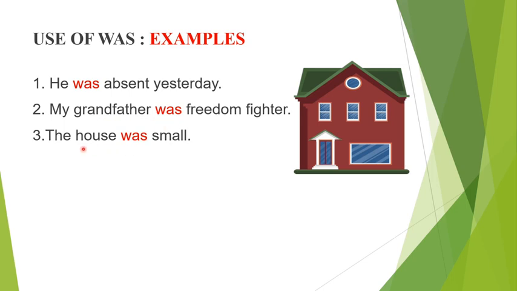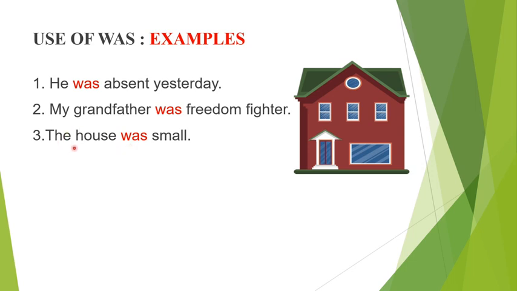Then comes your third sentence which says the house was small. We are talking about the house. Okay, what noun we are talking about? House. And how many houses we are talking about? Only one house. So if we are talking about singular object or noun, then we are going to use was.